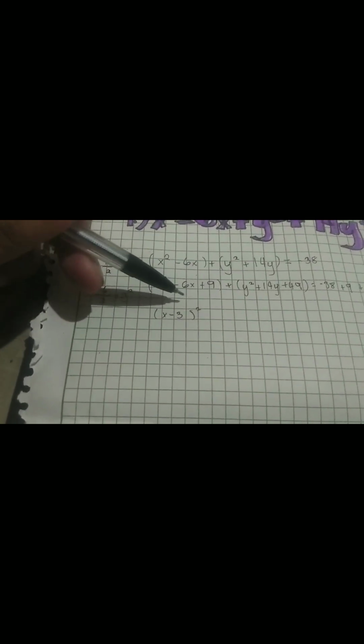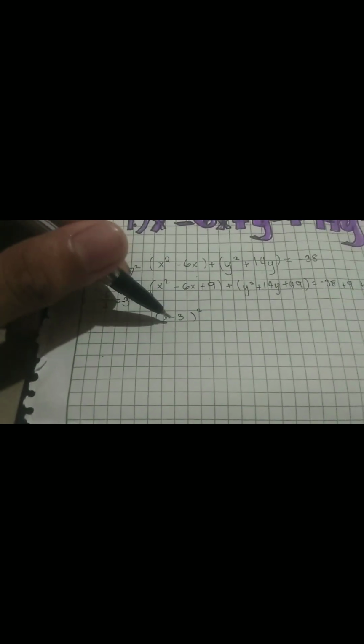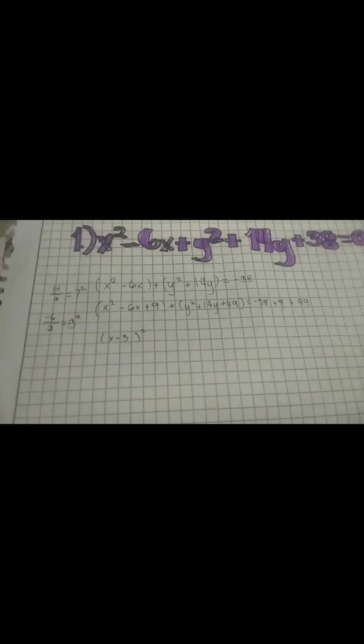So x minus 3 squared. Kung ano po yung answer dito kapag dinivide mo siya sa 2, ito po, negative 6 divided by 2 is negative 3. That's just the shortcut, but yeah.